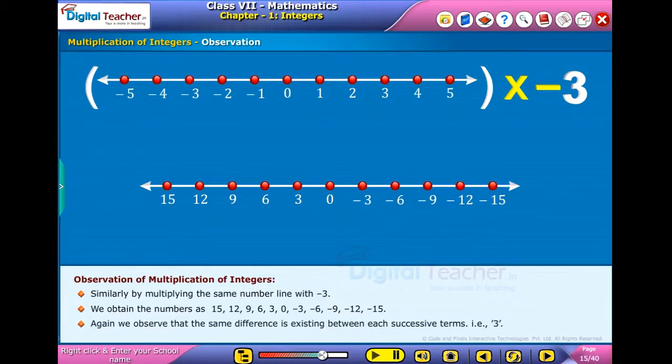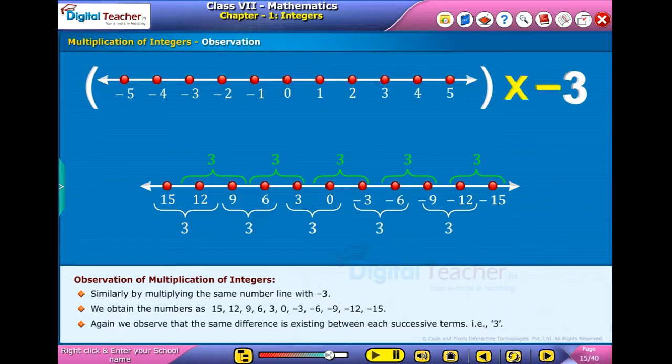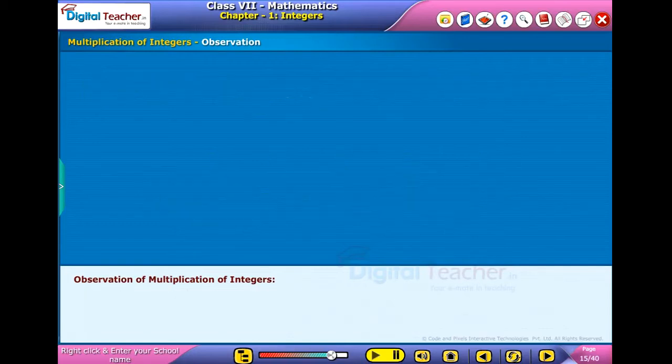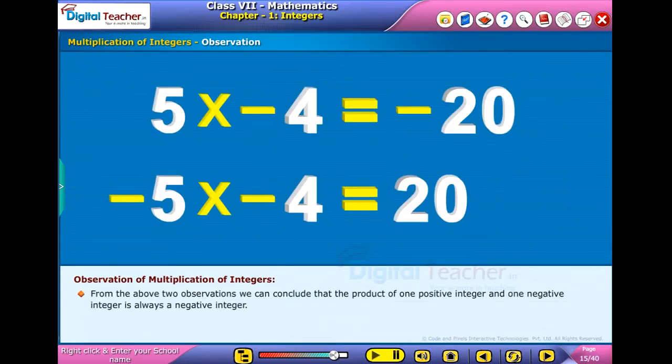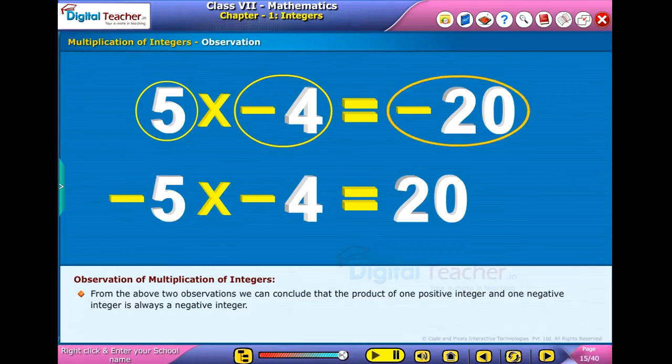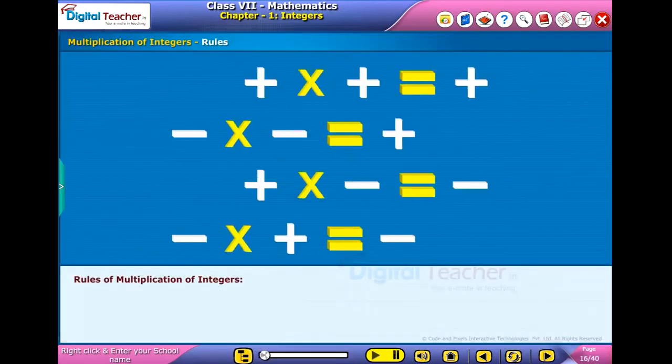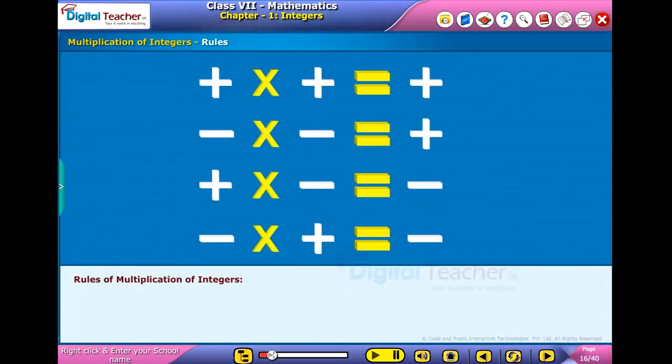Again, we observe that the same difference is existing between each successive terms, that is 3. From the above two observations, we can conclude that the product of one positive integer and one negative integer is always a negative integer.